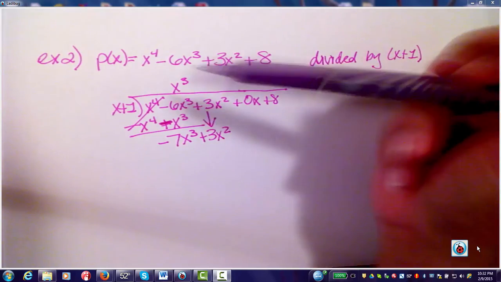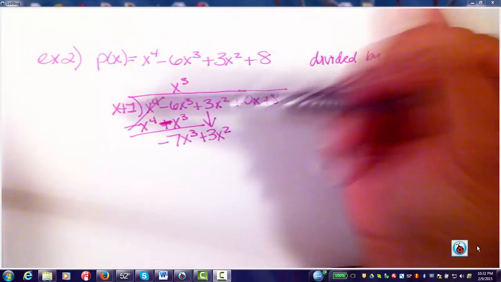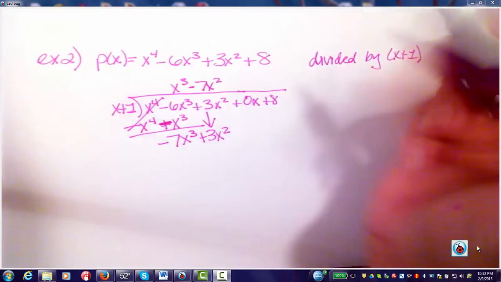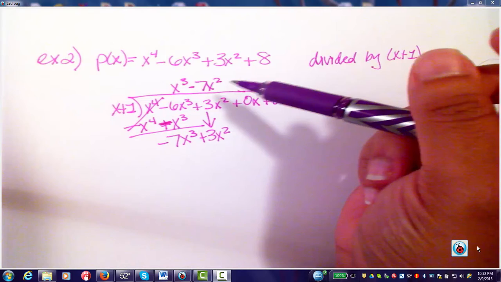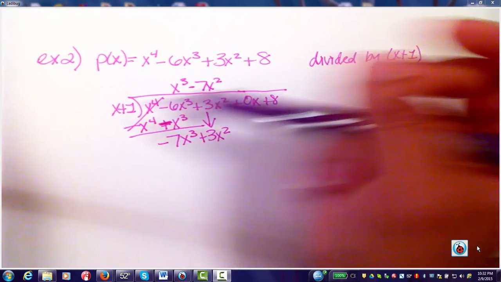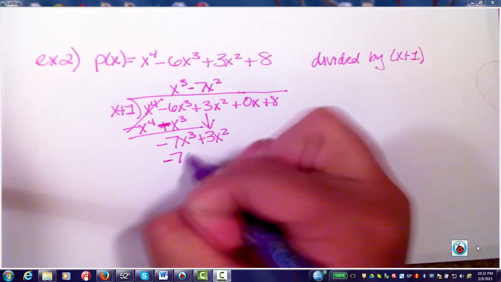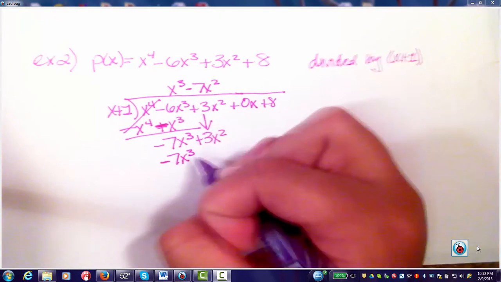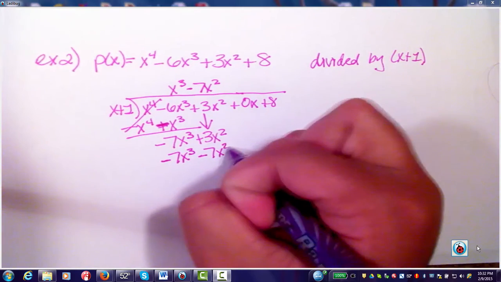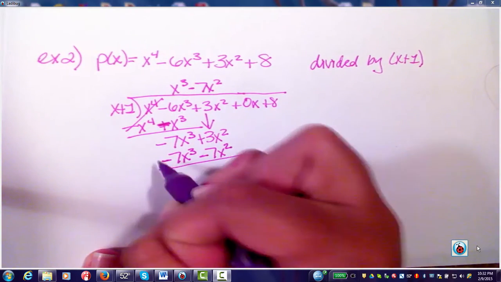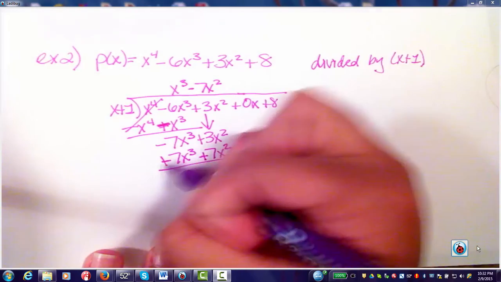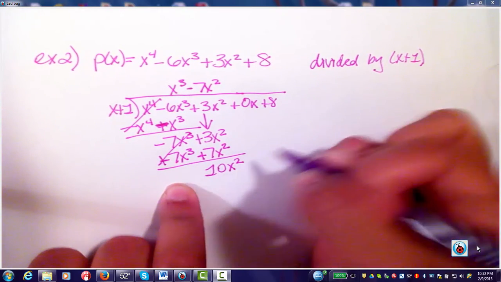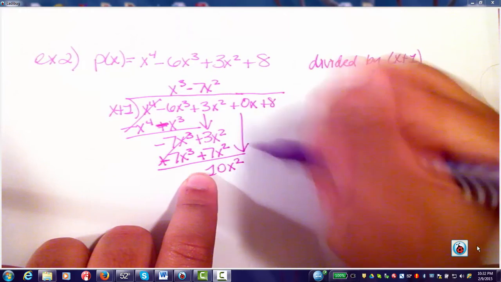Negative 7x cubed divided by x gives us negative 7x squared. Now we multiply: negative 7x squared times x is negative 7x cubed. Negative 7x squared times 1 is negative 7x squared. Draw a line, change both signs. These cancel. We get 10x squared. Bring down our 0x.